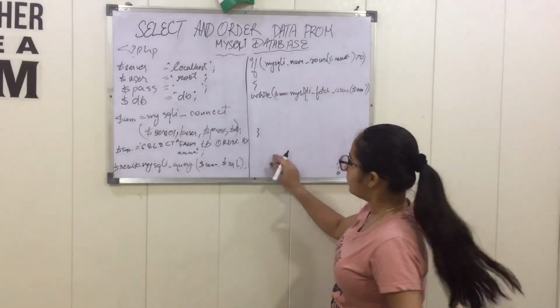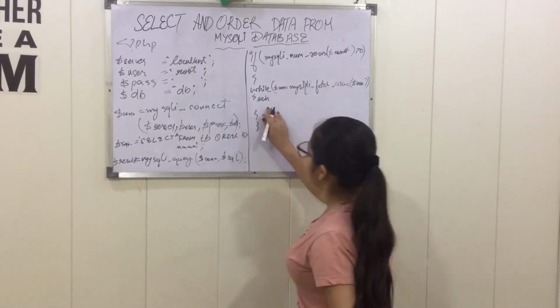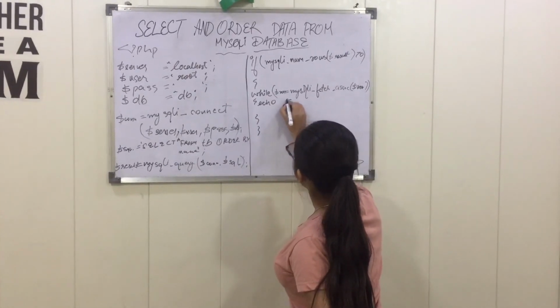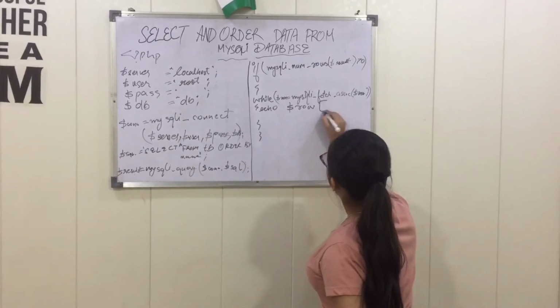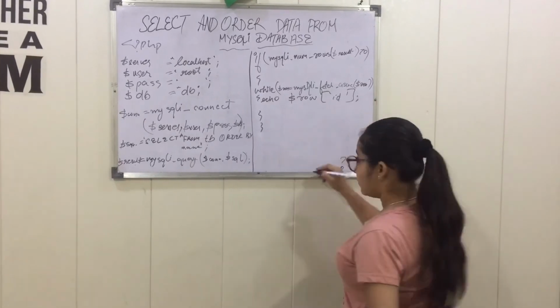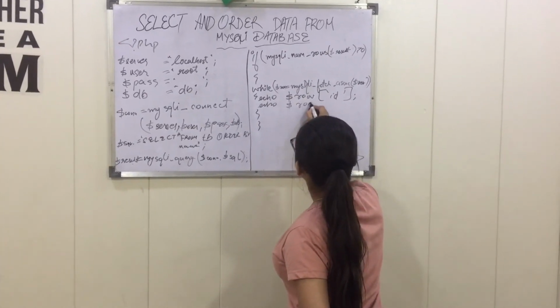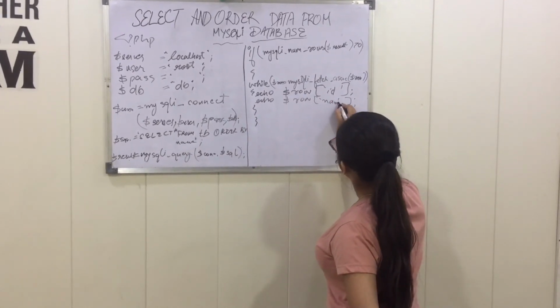So we need that output, so we'll start the curly braces and end them. In between this, to get the output, we'll use echo. In between the echo, we are printing $row, which is this variable, and the value. First of all, my value is ID, then a semicolon. My second value is $row, after that name in single quotes, and then a semicolon.